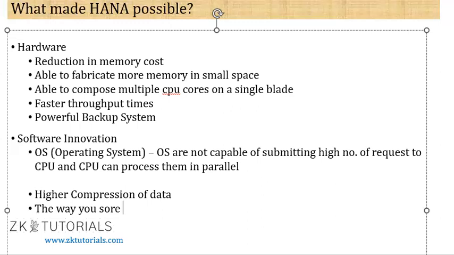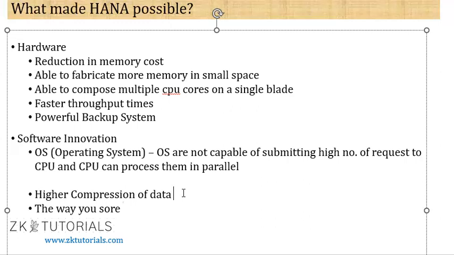So these are some of the innovations which happened in the market. We will see the difference between row store and column store. Here I mentioned high compression of data and that some compression algorithms are available in the market. You don't need to understand the algorithm with which we store data in row or column.